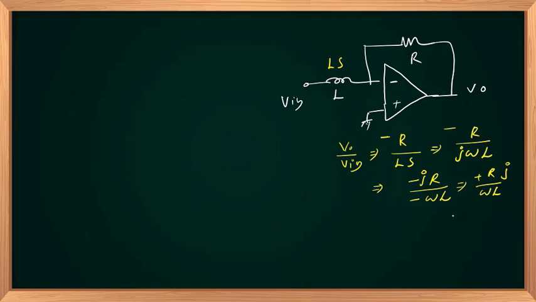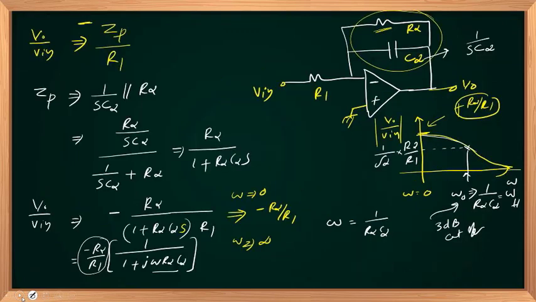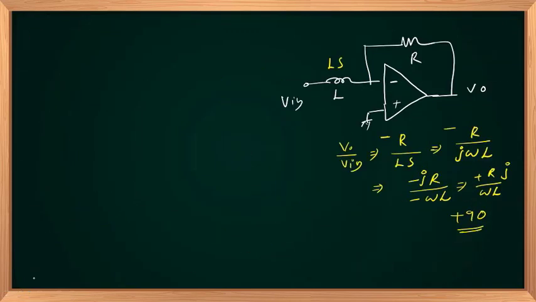So the angle is again positive 90 degrees. Rj by omega L, J by omega R C. The only difference is R appears in the numerator, so the angle will be positive. It behaves as a differentiator because the transfer function is inversely proportional to omega.